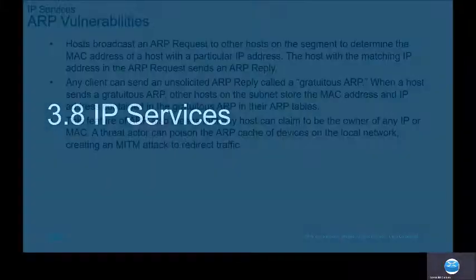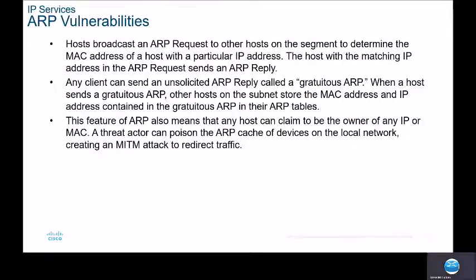All right, IP services. Of course there's ARP, and that has vulnerabilities as well. Hosts broadcast an ARP request to other hosts on the segment to determine the MAC address of a host with a particular IP address. The host with the matching IP address in the ARP request sends an ARP reply. Any client can send an unsolicited ARP reply called a gratuitous ARP.